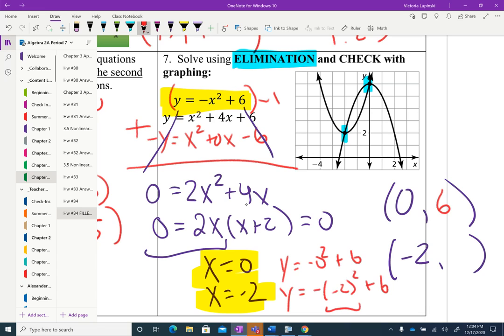First square the negative 2, which makes a positive 4. Then multiply by the negative, which gives you a negative 4, plus 6 is 2. So those should be your 2 points of intersection. And I think you would concur 0 comma 6 and negative 2 comma 2. Looks like we hit it right on the money. So elimination means you need a pair of opposites and you want them to eliminate. Any questions on number 7?